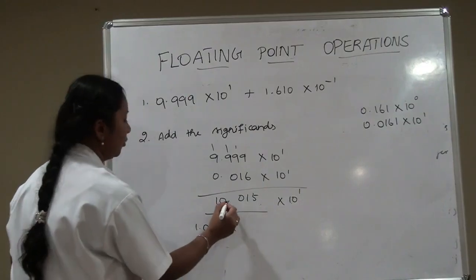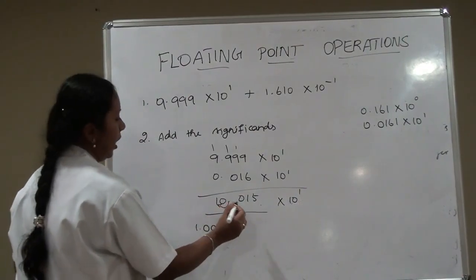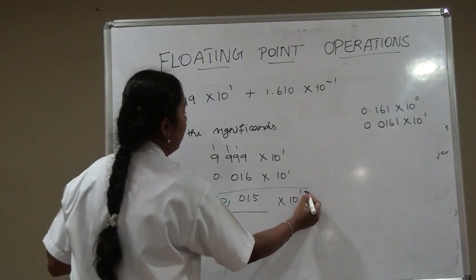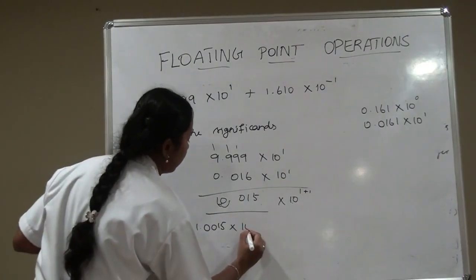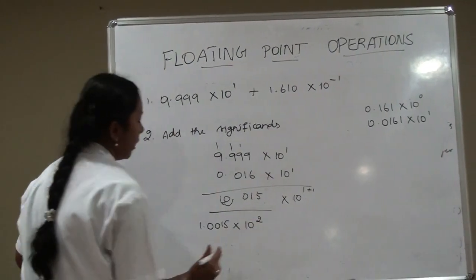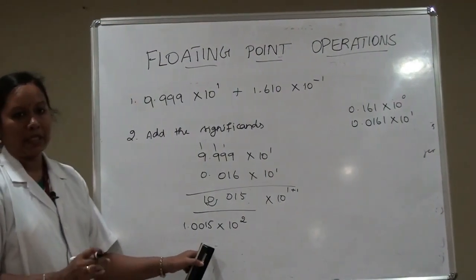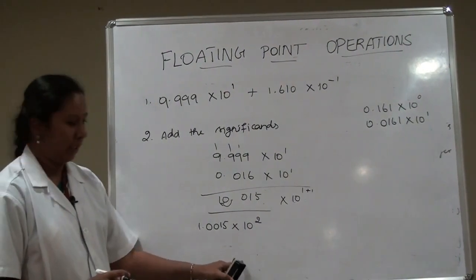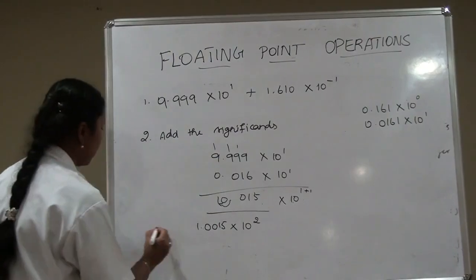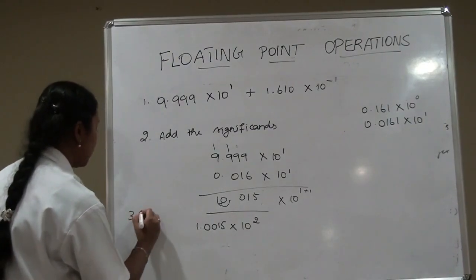As I move the point one position, to the exponent I add one value, so finally it becomes 1 plus 1, which is 2. So 1.0015 into 10 power 2 is my normalized answer, but I still have to round off my result. So this is the normalization.